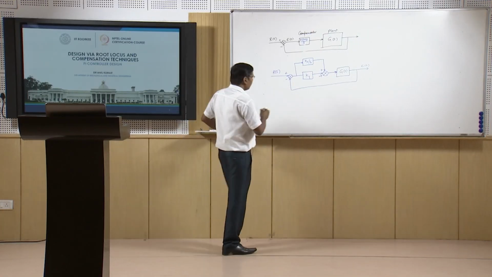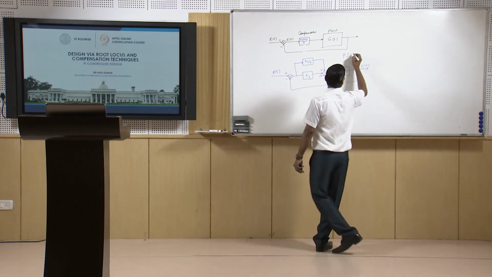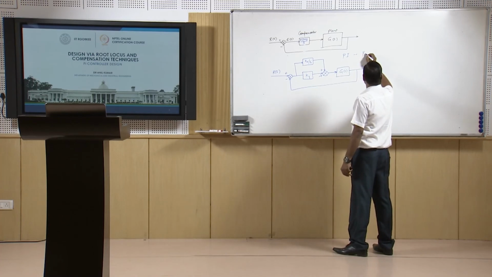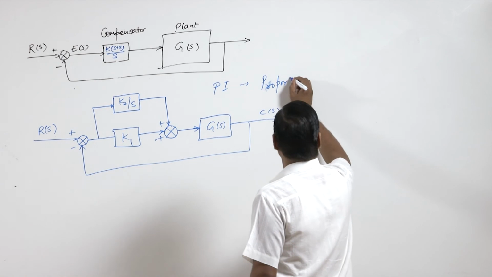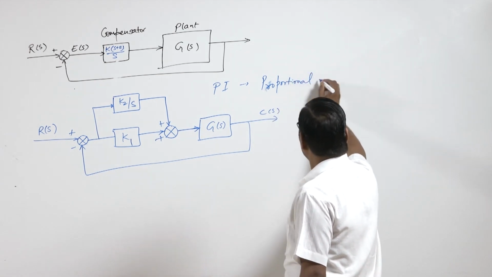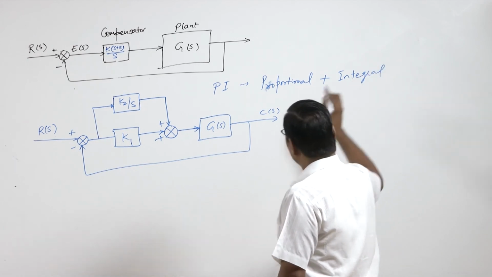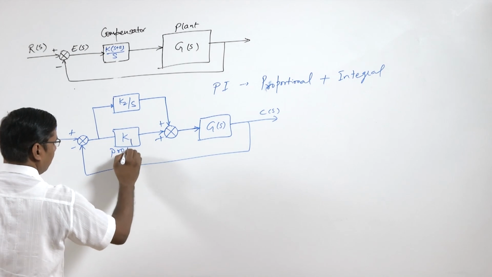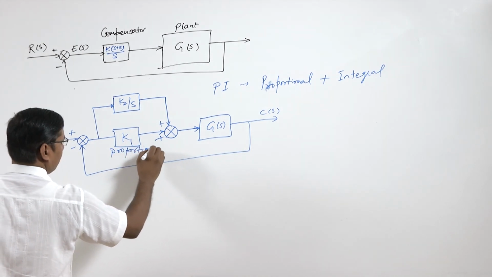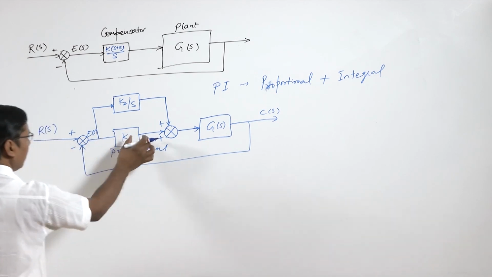Here we are talking about the PI controller, proportional plus integral. This part is proportional, because here E(s) is coming in, and it is proportional to this error.